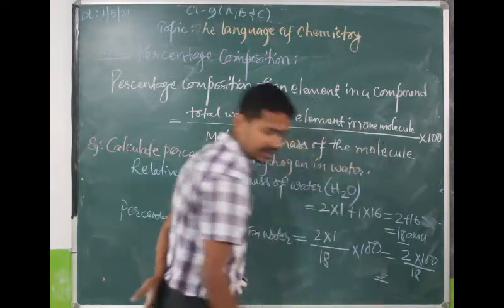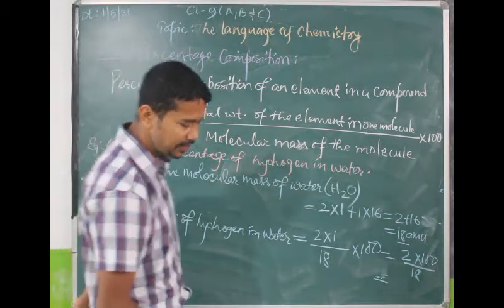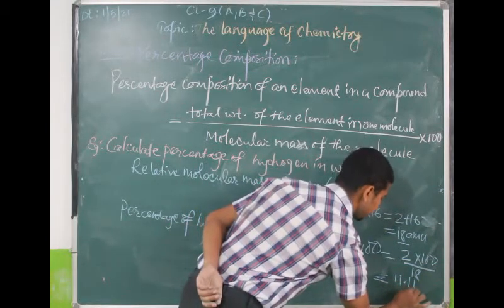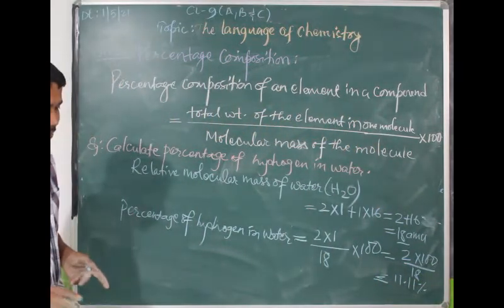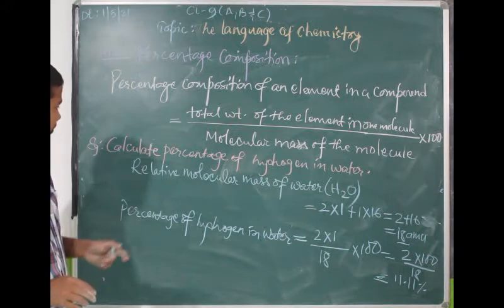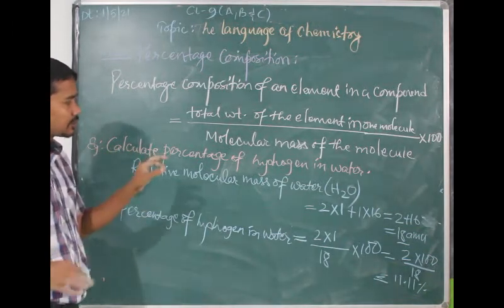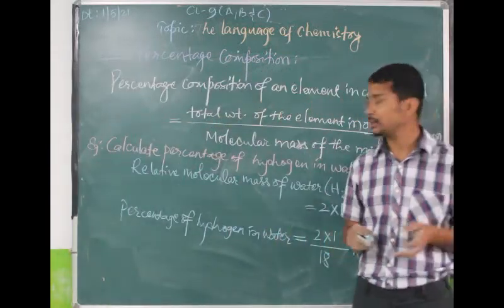Then how much will you get? Yes, you will get 11.1111%. So the percentage of hydrogen in water is 11.1111%.